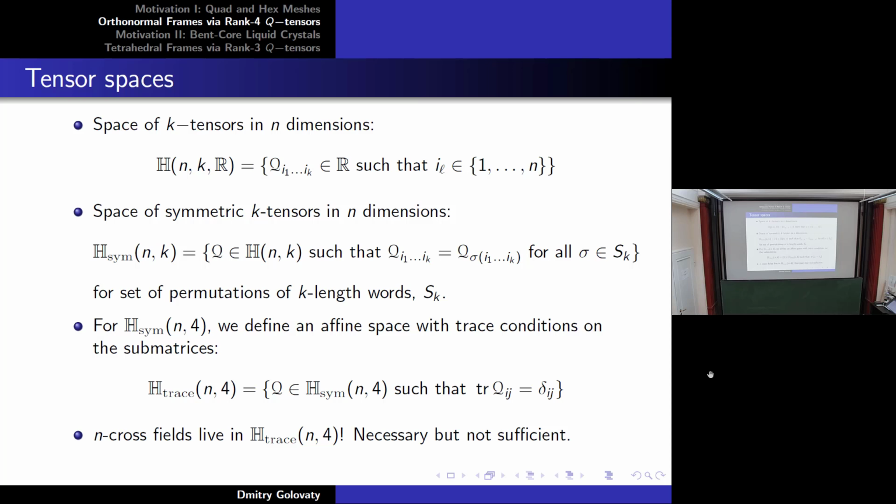Number one, recovery: if I impose the nonlinear constraint, then I should be able to recover the vectors of the frame from the tensor itself. And number two, instead of imposing the constraint per se, I can relax it and do the usual thing, penalize the constraint with some large parameter, let this parameter go to infinity, and see if I will be able to recover the frame in this way.